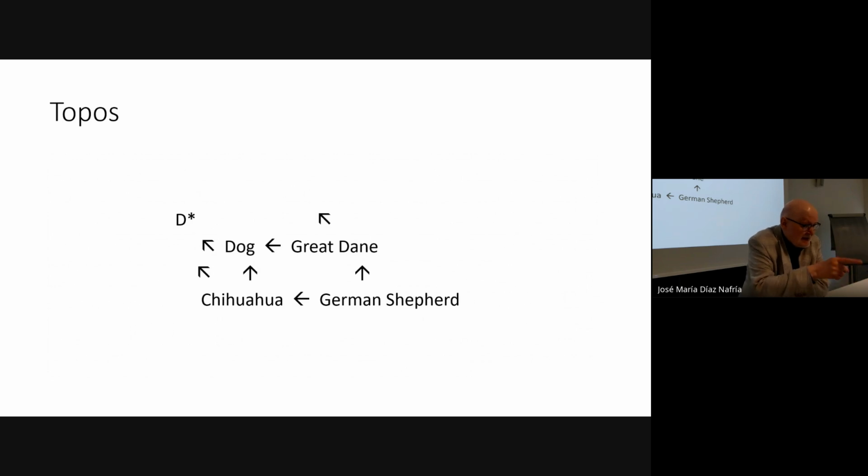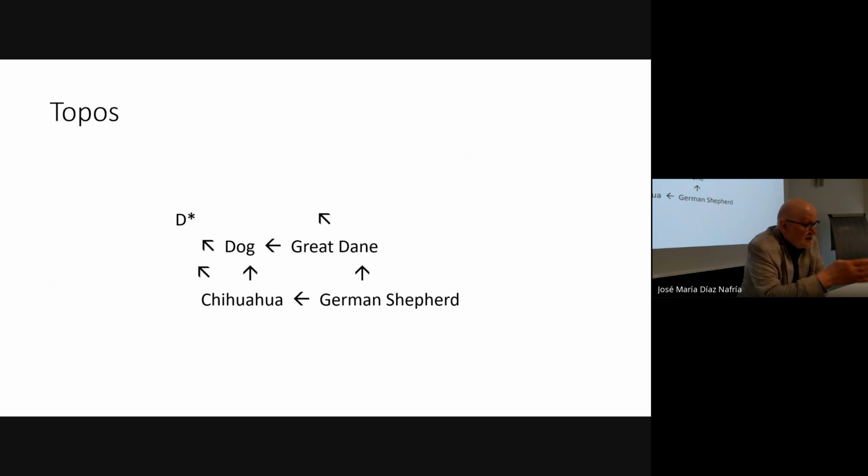And going upstairs, German Shepherd is similar to Great Dane. Similar because they have 4 legs and all that, and the tail and whatsoever. From the Great Dane, you know already that it is falling under the name dog. So this mapping from Great Dane to dog is an identification mapping telling you the Great Dane is a dog. So the first mapping is similar to, the second mapping is a.